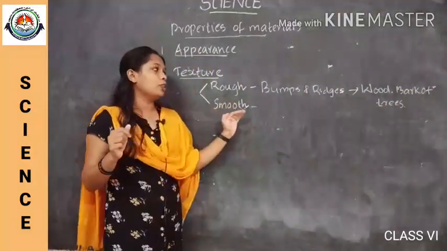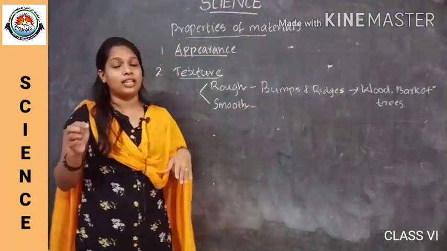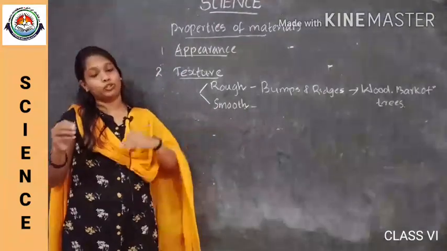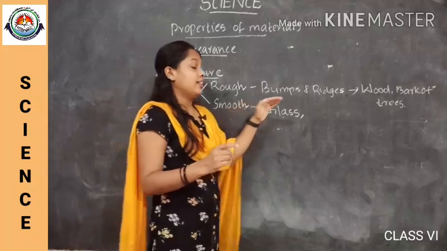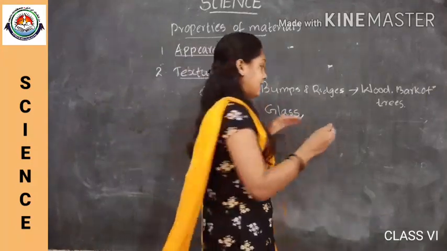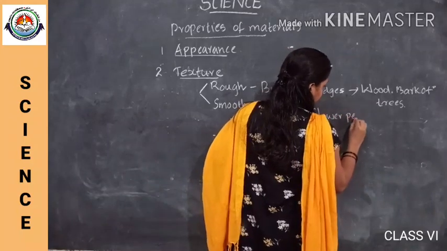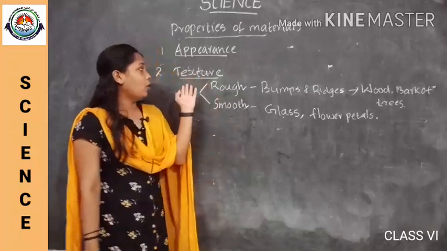And then the smooth materials will not have the bumps and ridges. The surface will be plain and smooth to touch. The examples for smooth materials are glass, flower petals, etc. So these are all about texture.